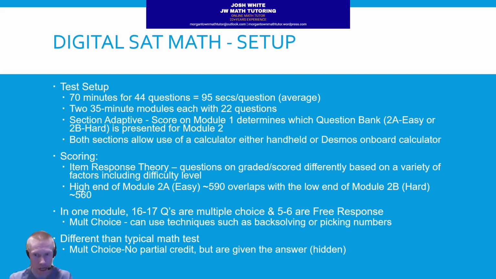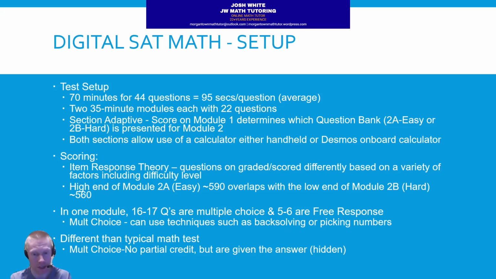And that overlaps with the low end, or the minimum you could get, if you end up getting the harder module, or module 2B. So in other words, even if you do well enough on the first module so that you get presented with the harder second module, even if you do very, very poorly on it, your score is still going to be very close to the maximum score you could earn from module 2A.